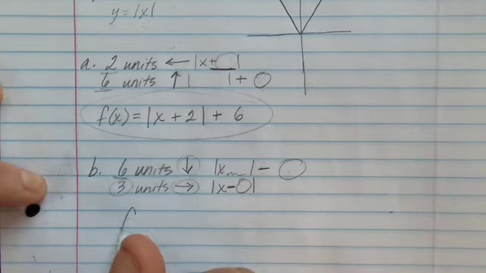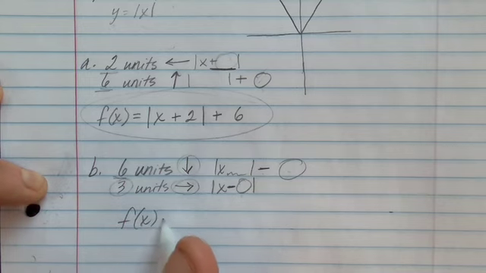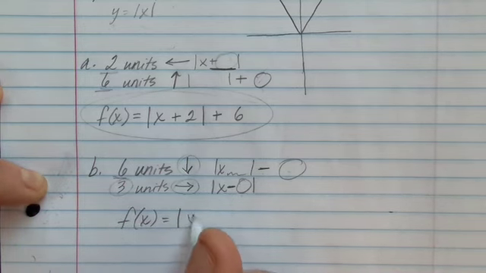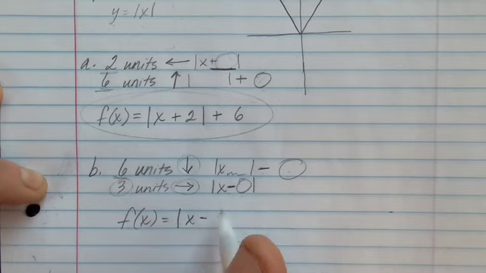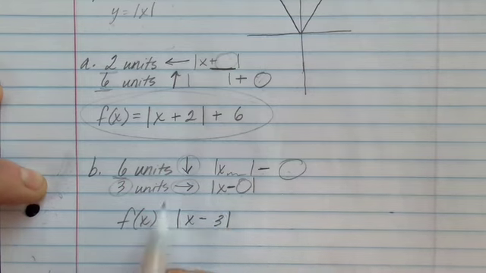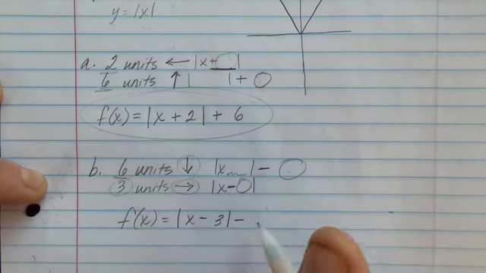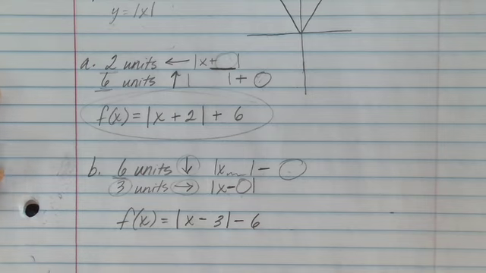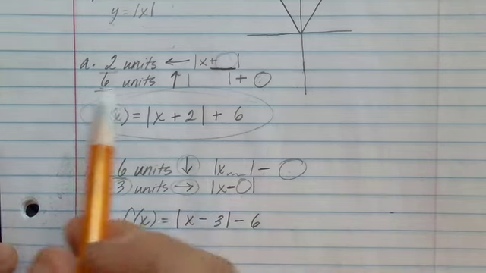So my final answer is f of x equals, I'm going to move 3 units to the right, so it's going to be x minus 3, and down, so I'm going to subtract 6. That's how we're going to answer these problems for number 11, and I think I took you too far, so sorry guys.